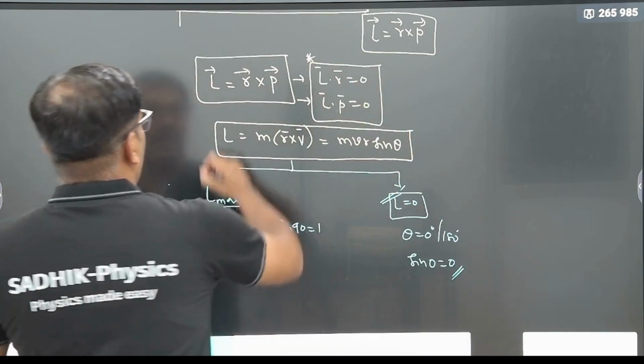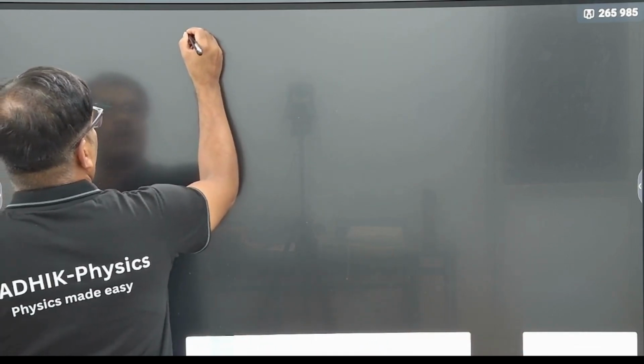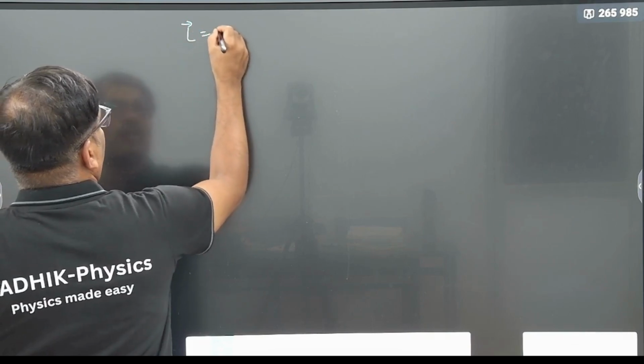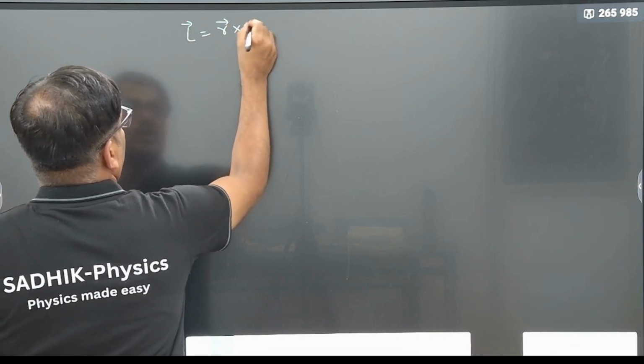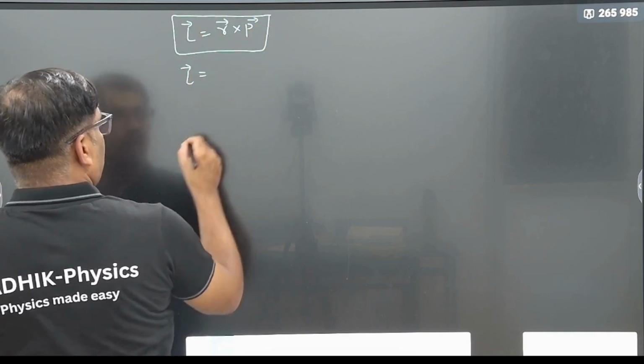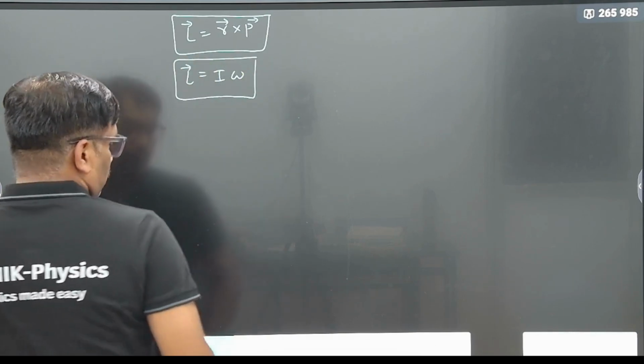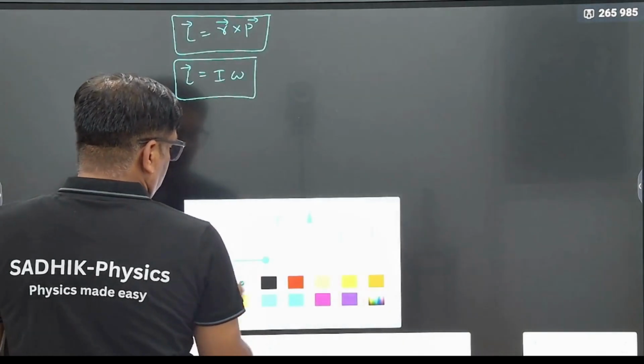Clear? So we can calculate the formulas, or solve problems, by using angular momentum. Angular momentum can be written as r cross p, or as I into omega. We can also calculate torque.